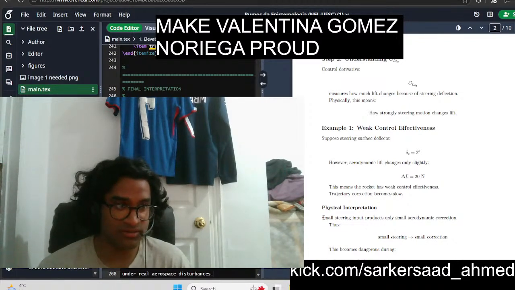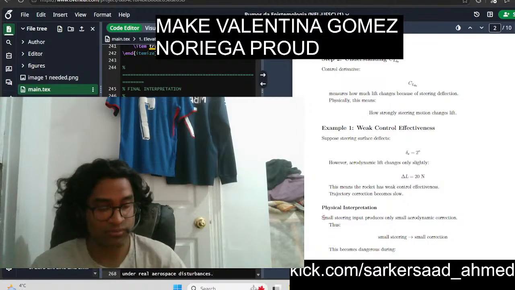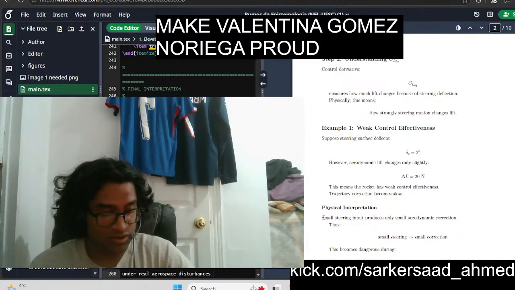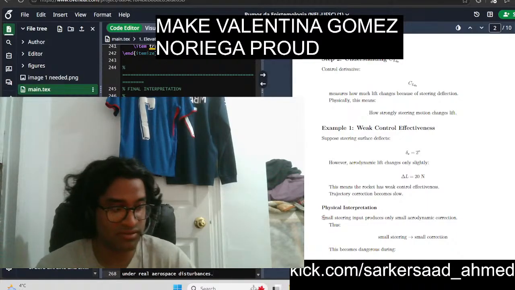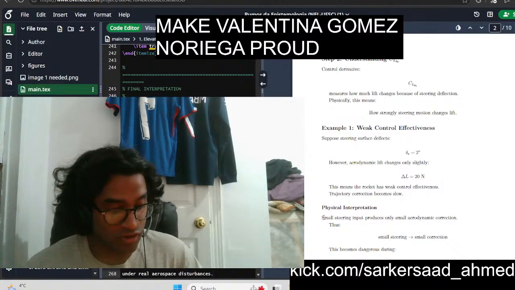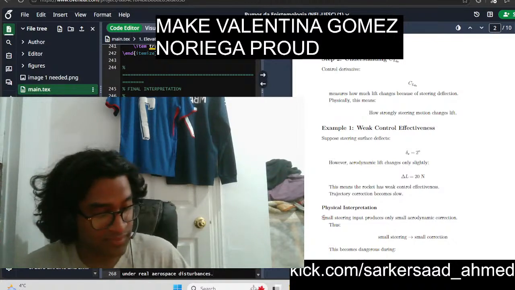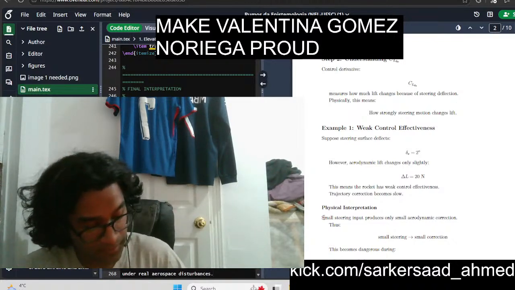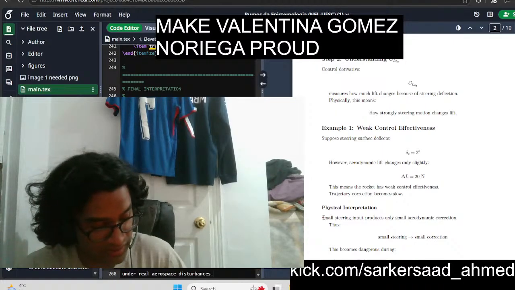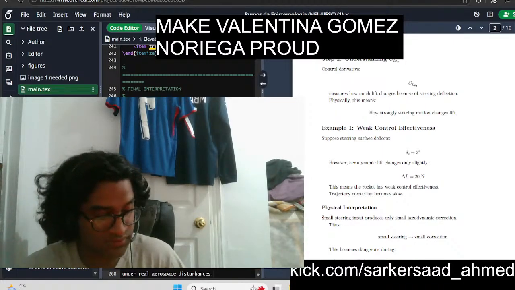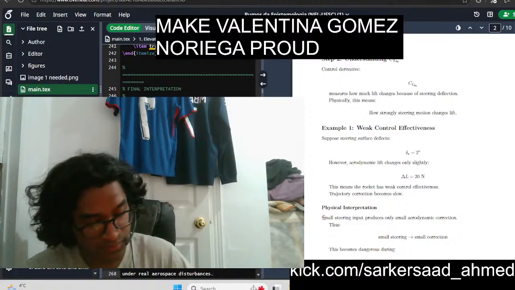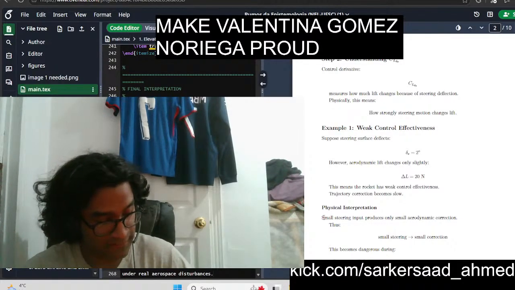Having only 20 newtons of aerodynamic lift means you're not generating enough power in ratio to the amount of air that's been blocked for the rocket to lift up, right? Generating only 20 newtons means the rocket isn't motivated enough to go up. So it's going to come crashing down.